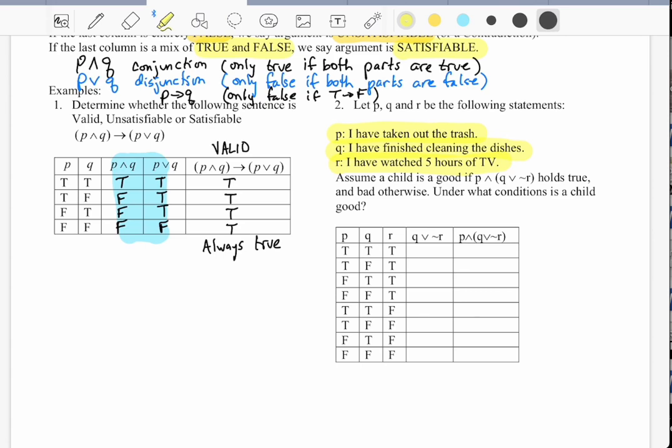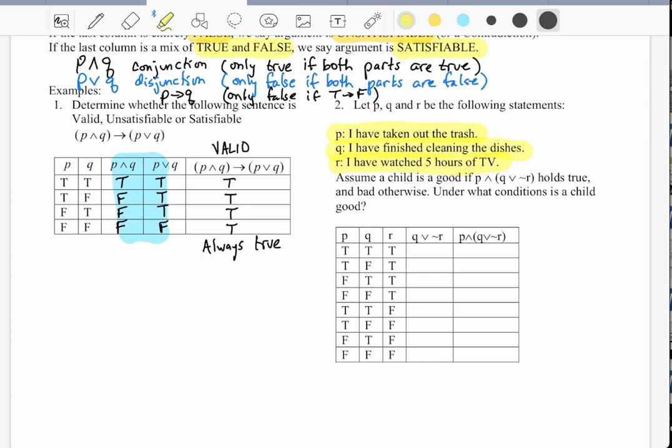This sounds like a rule one might have at home. Assume a child is good. You could be good for a lot of different reasons, but under these circumstances, if that statement, P and Q or not R, holds true, the child is good, and bad otherwise. It's really cut and dried, but that's what we're going to go with.